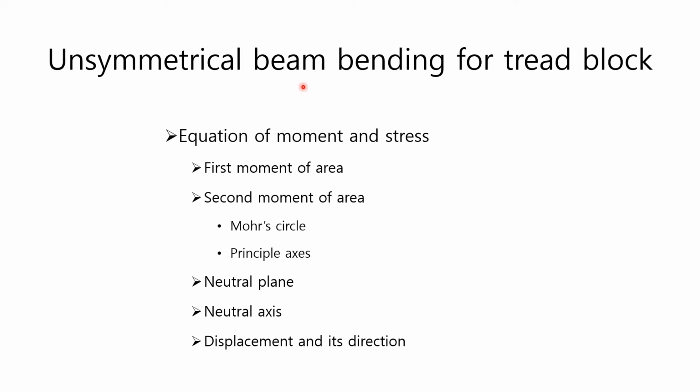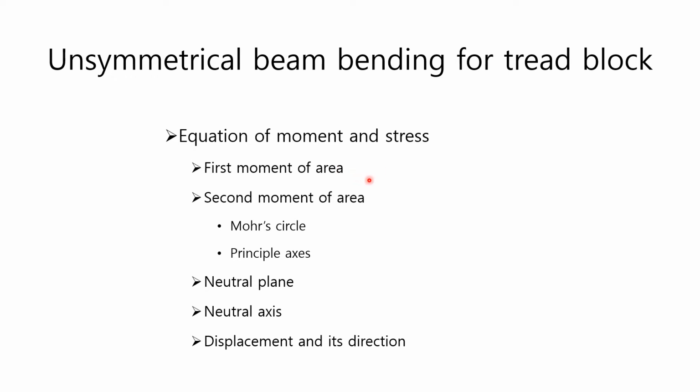We need the unsymmetric beam bending theory to explain the ply steer due to tire tread block. We will form the equation for the deflection of unsymmetric beam bending in terms of moment and stress based upon its physical behavior.